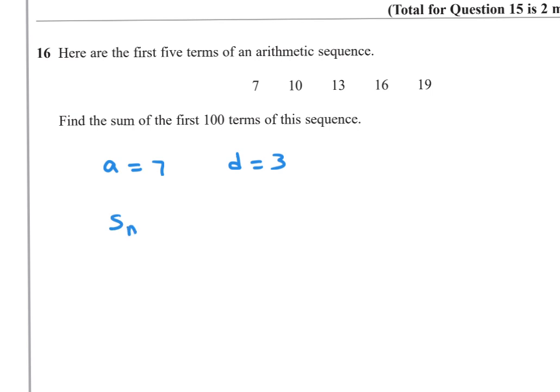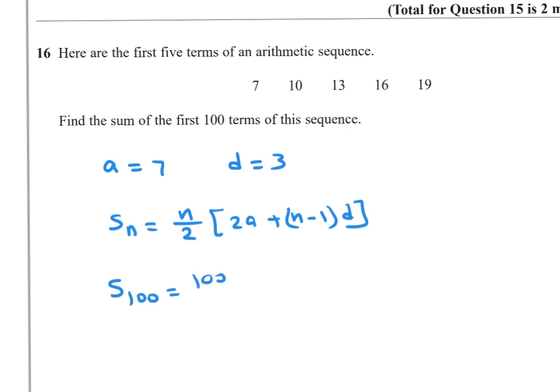And Sn equals n over 2 times (2a plus (n minus 1) times d). So S100 equals 100 over 2 times (2 times 7, plus (100 minus 1), which is 99, times d, which is 3).